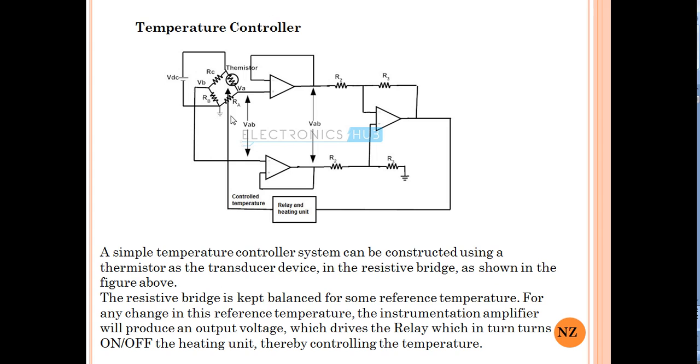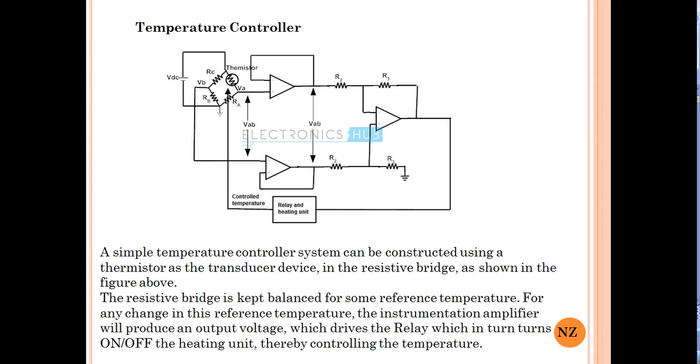It is set for a particular temperature, like a reference temperature. If the temperature decreases or increases, the thermistor value will change, so the bridge will be in an unbalanced condition.